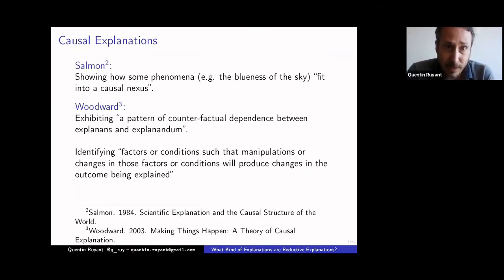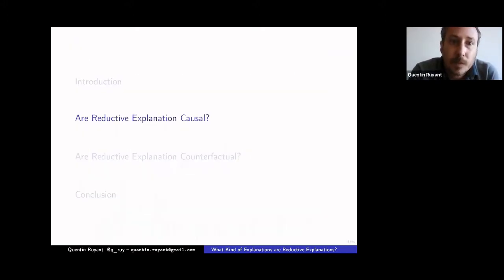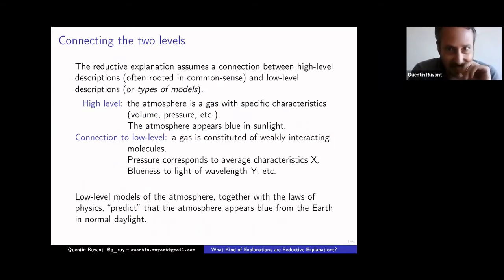The idea is that explaining is exhibiting a pattern of counterfactual dependence between explanans and explanandum, or identifying factors or conditions such that manipulations or changes in those factors or conditions will produce changes in the outcome being explained. So now that all is in place, we can go back to our example and examine if it corresponds to these ideas.